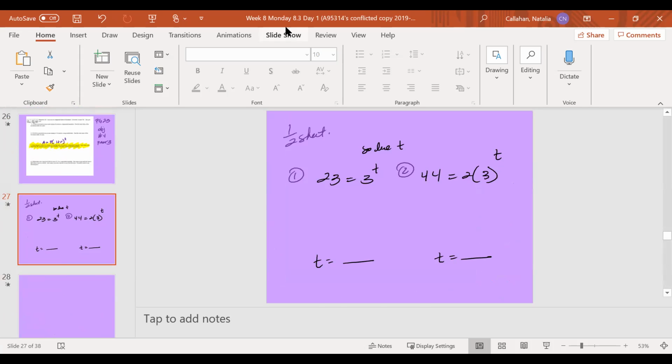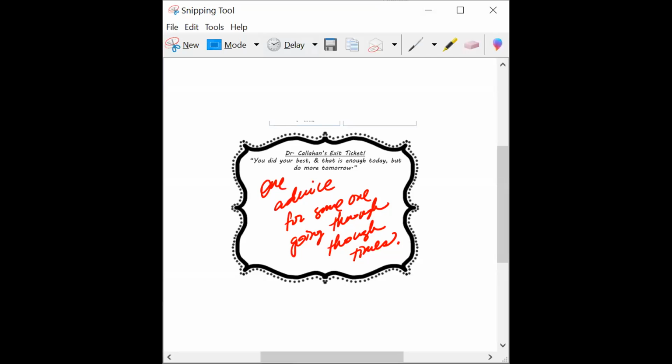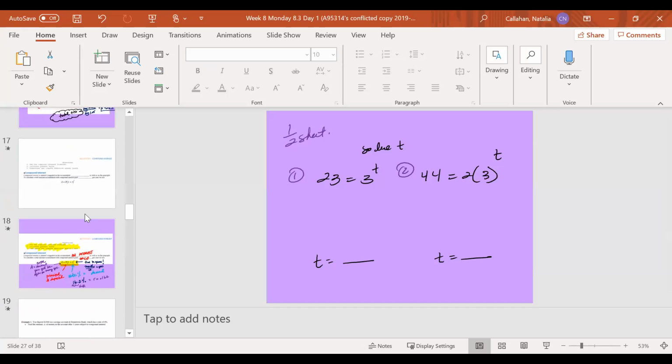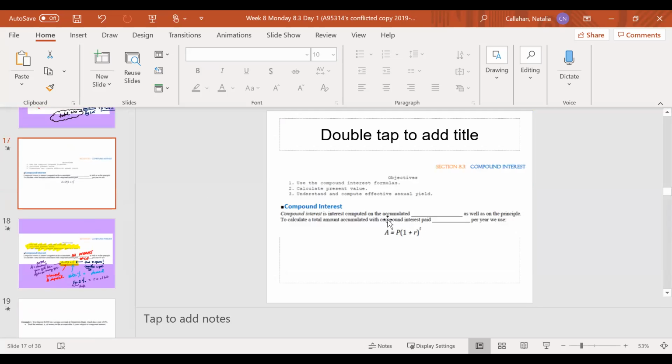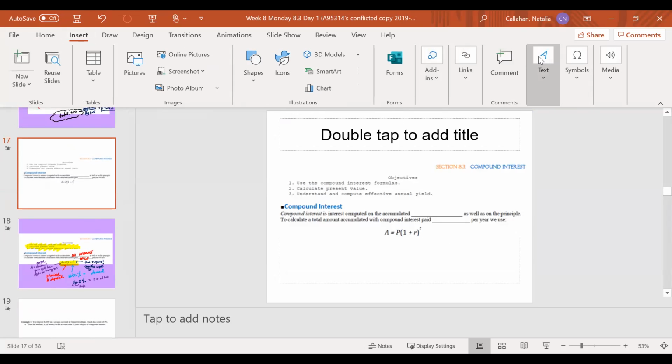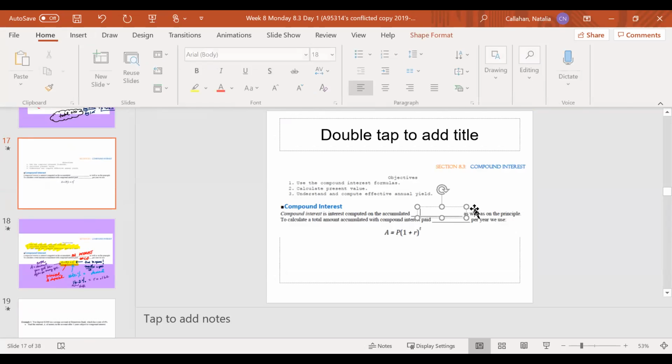All right, so let's go ahead and take a look at this. So I'm going to start off with your notes right here, okay? And there are a few things that you want to go ahead and type or write in here. First one of them is being accumulated. So compound interest is accumulated based on interest.